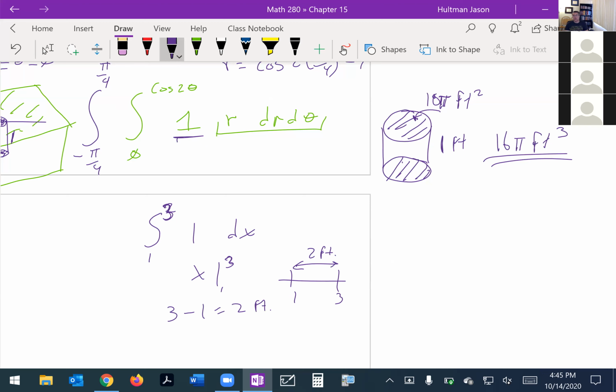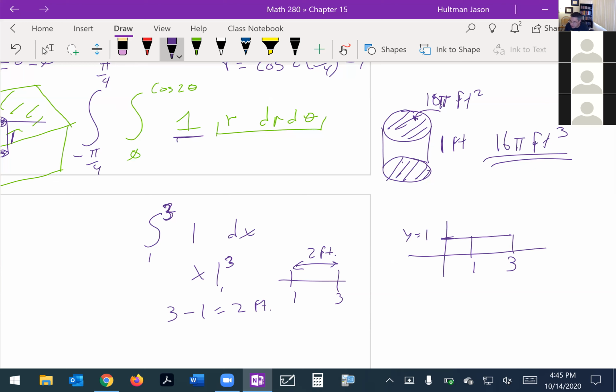That's linear distance. But it's also area. Because what do we do when we integrate? Where are we integrating? We're integrating when y equals 1. So what are we doing? We're saying, when y is equal to 1, we're going to integrate this and find the area between 1 and 3.